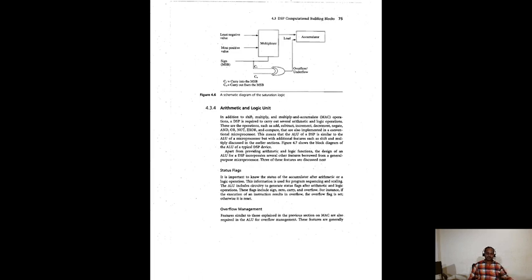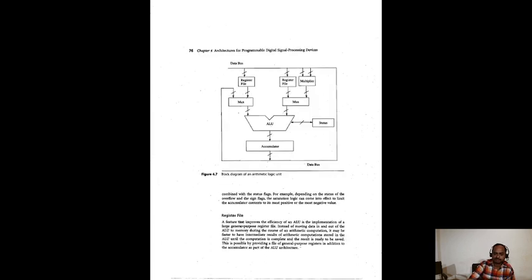That's why we need to borrow some features from the general purpose processor, like status flags. The next one is overflow management, and features similar to those explained in the previous section, like the MAC unit, are also required in the ALU for overflow management. All these are combined with the status.